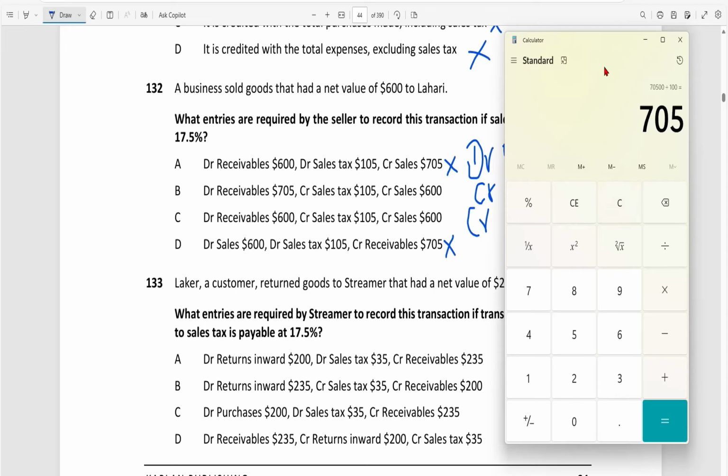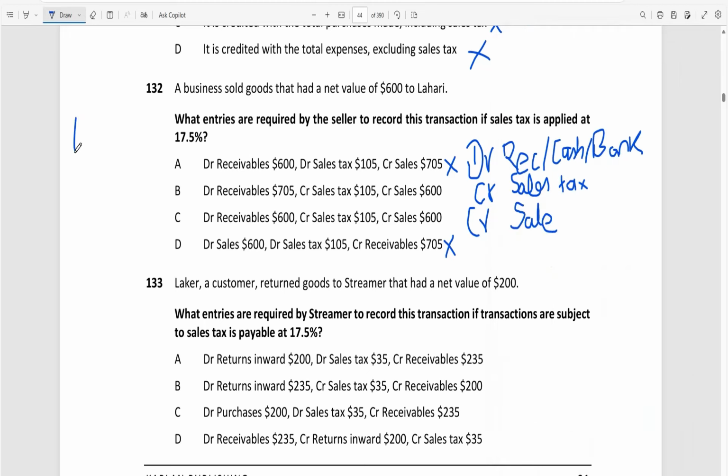I must say, you should know how to calculate the gross figure. The question has given the net figure, which is 600, and this amount is 100%. I will note it down here. Then we need to calculate the sales tax.